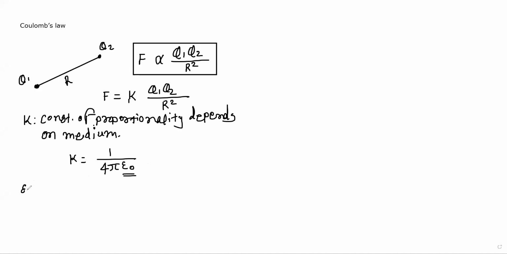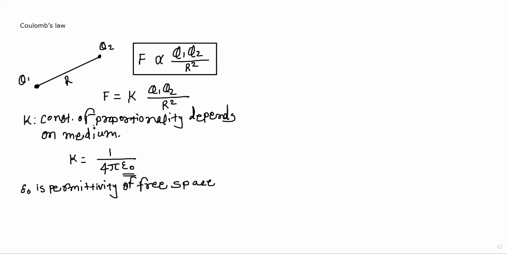Let me write here, epsilon naught is the permittivity of free space. So what is my assumption? The medium between Q1 and Q2 is free space. The medium between Q1 and Q2, that I am assuming as free space. And for free space, permittivity is epsilon 0.